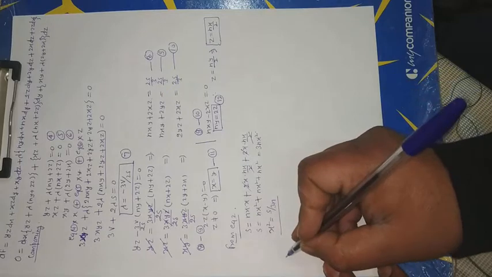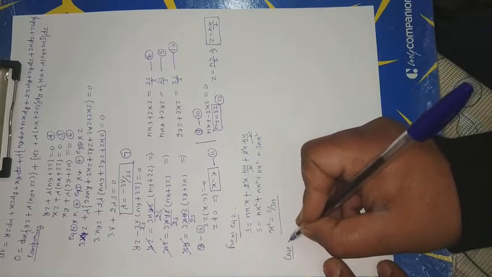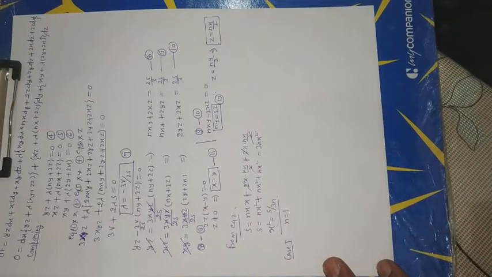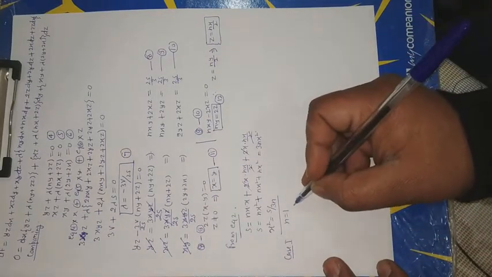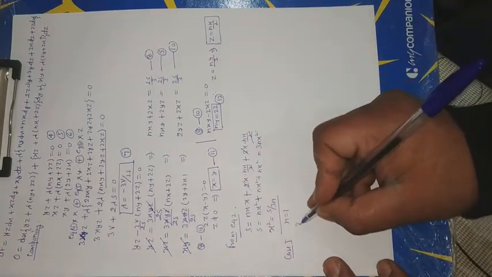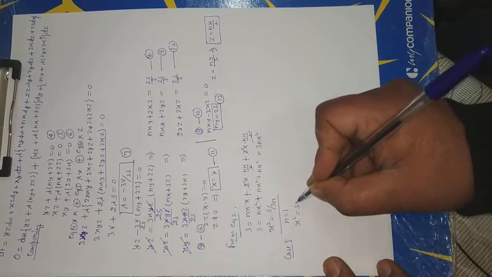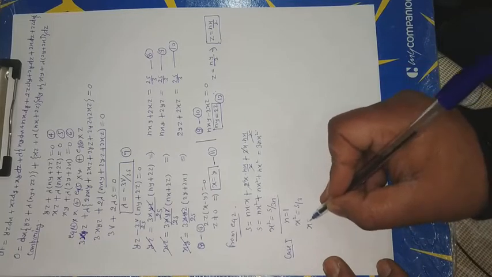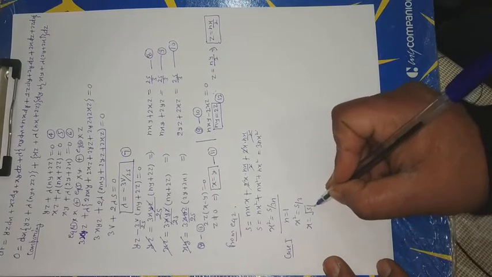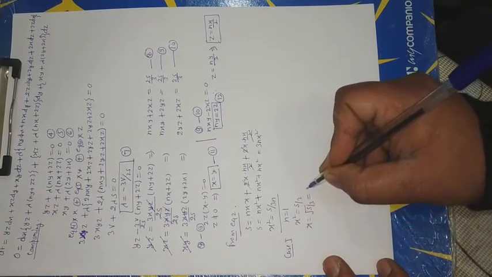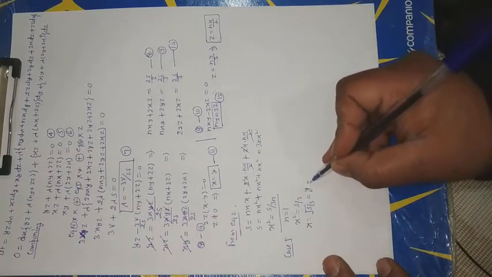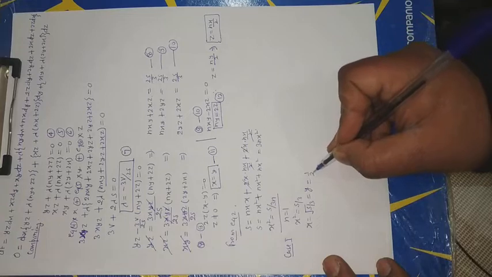Now case number first, n is equal to 1, then x square is equal to S by 3, that is x is equal to under root S by 3. This is equal to y.